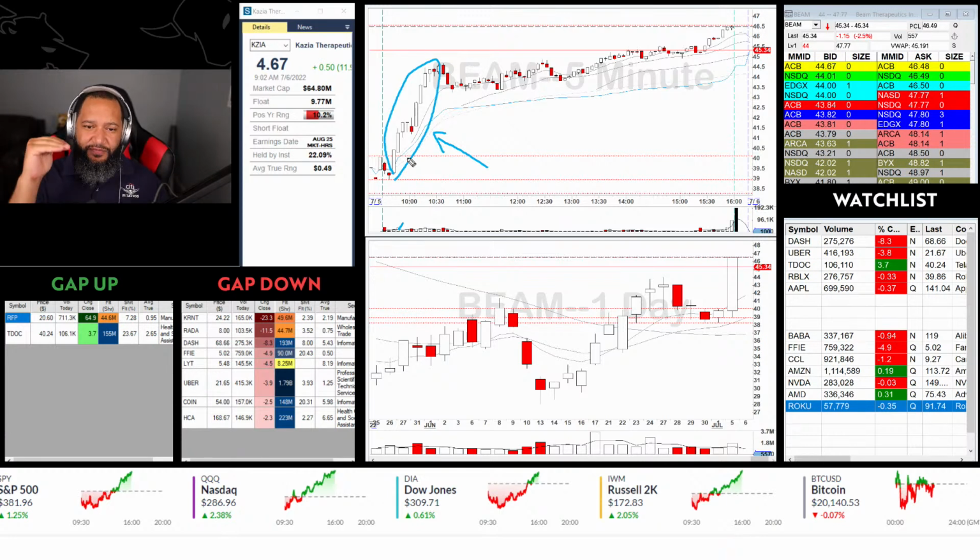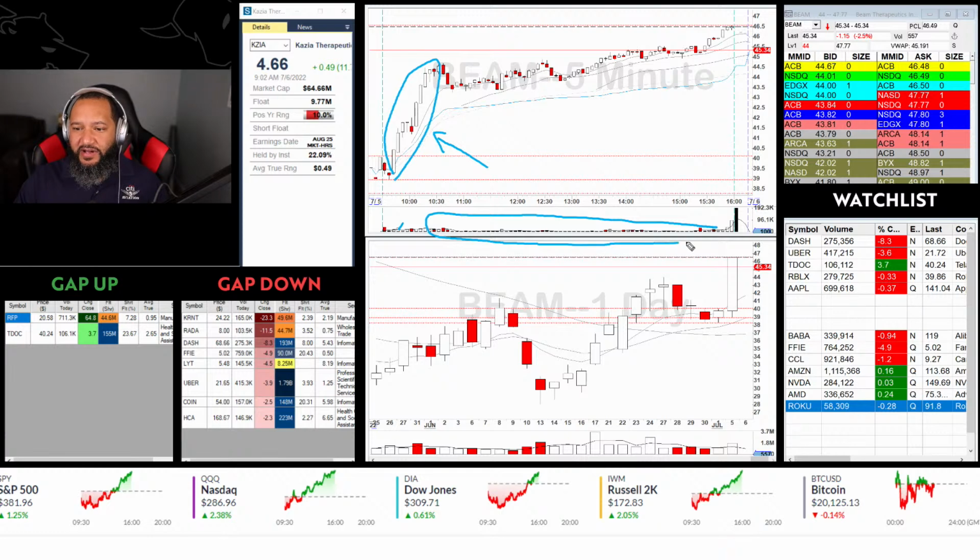There's no order flow whatsoever on something like this, and taking trades on that could be painful. And although it trends nicely after that, it does it with no volume whatsoever. So again, you need that volume. I'm sure the spread was probably horrible on top of that. So yeah, I'm sure that was not great at all.